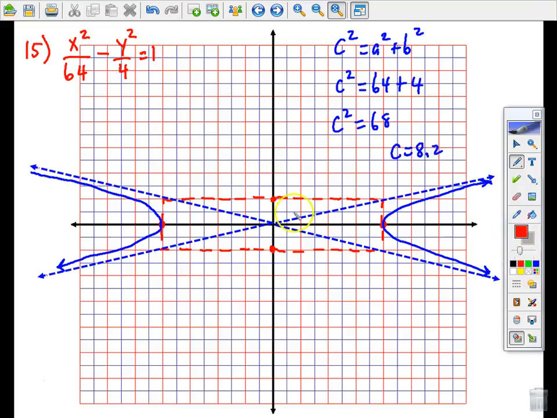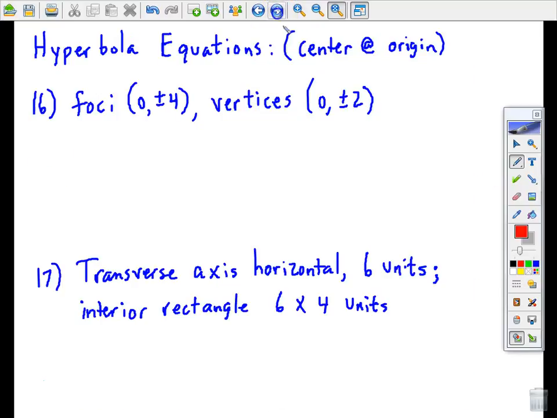So we're going to plot on the x-axis 2, 4, 6, 8, and then just a little bit more. Same thing over here, just inside the curve. So we would say plus or minus 8.2, 0 to show that they're on the x-axis. Okay, looking good so far.